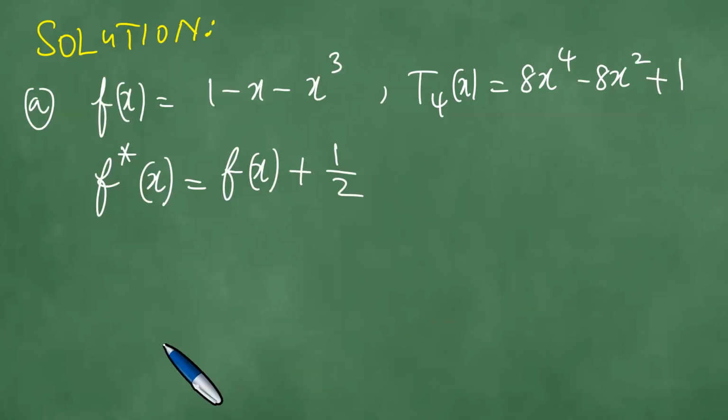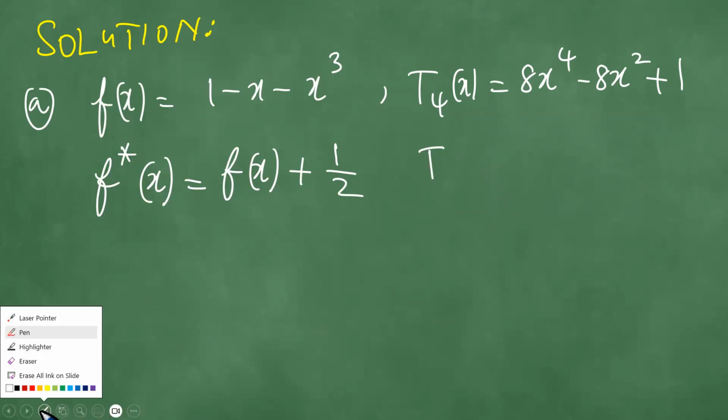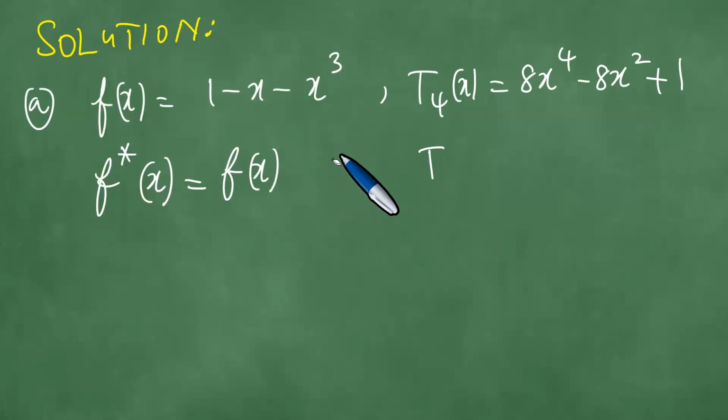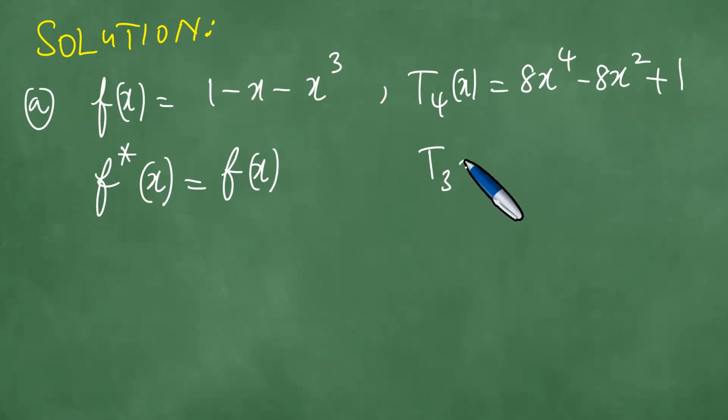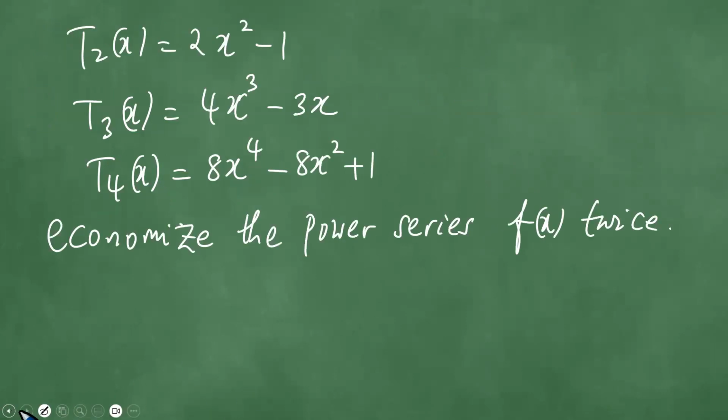Now let's compare this very carefully. And then I want to write T3 as well. Let's write T3. I want to see what algebraic manipulation to perform here. So T3 is, look at the degrees, 4x cubed minus 3x.